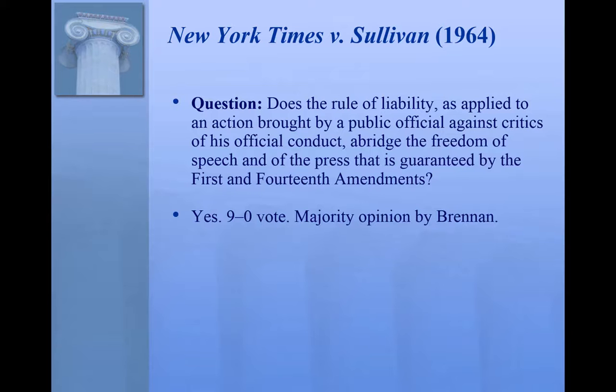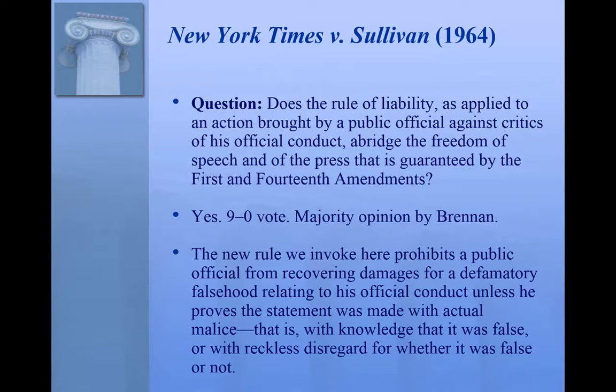So even if there were falsehoods contained in the ad, the fact that it was critical of government was important enough to protect the speech and also to release the press from liability for publishing the falsehoods.